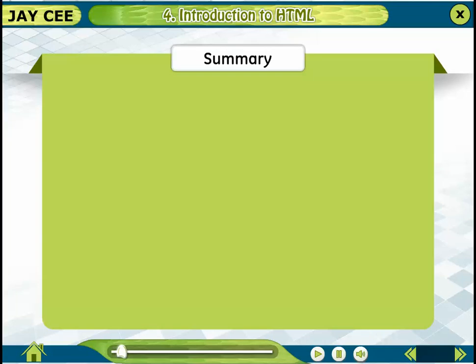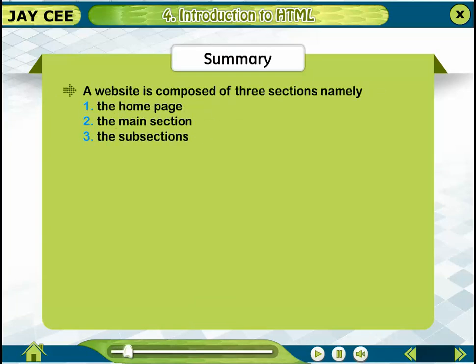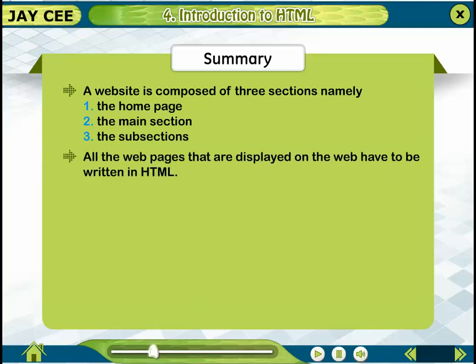Summary. A website is composed of 3 sections, namely the home page, the main section, and the subsections. All the web pages that are displayed on the web have to be written in HTML.